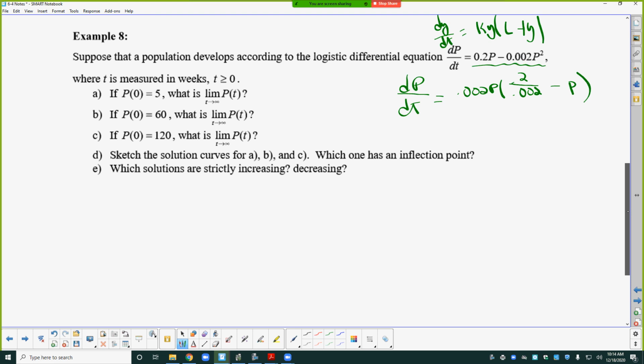Now I can identify L. I can identify K. So now I'm sitting here with dP/dt equals 0.002p times (100 minus p), since 0.2 divided by 0.002 is 100.